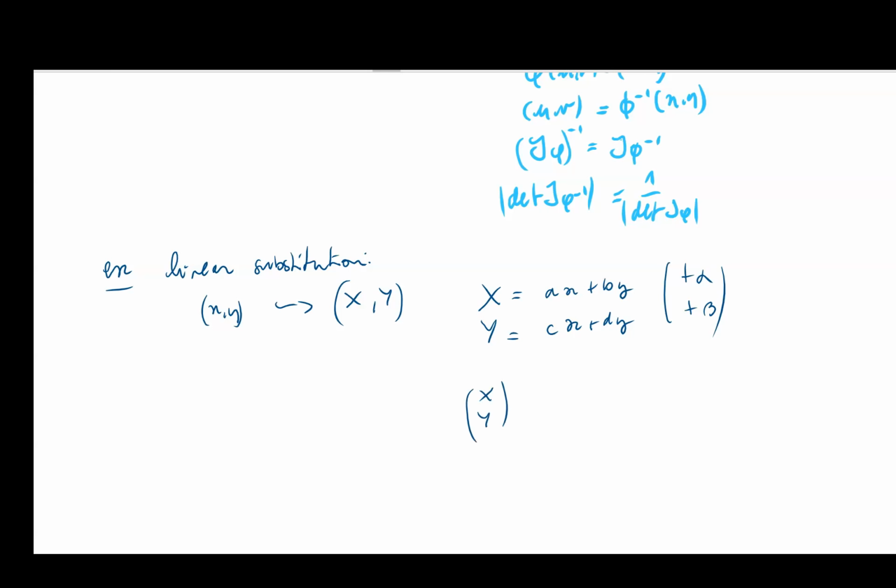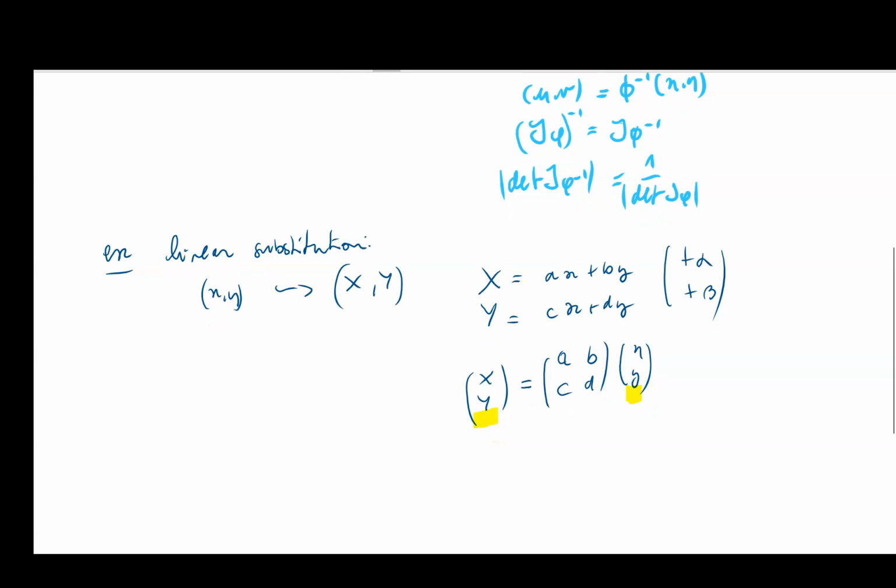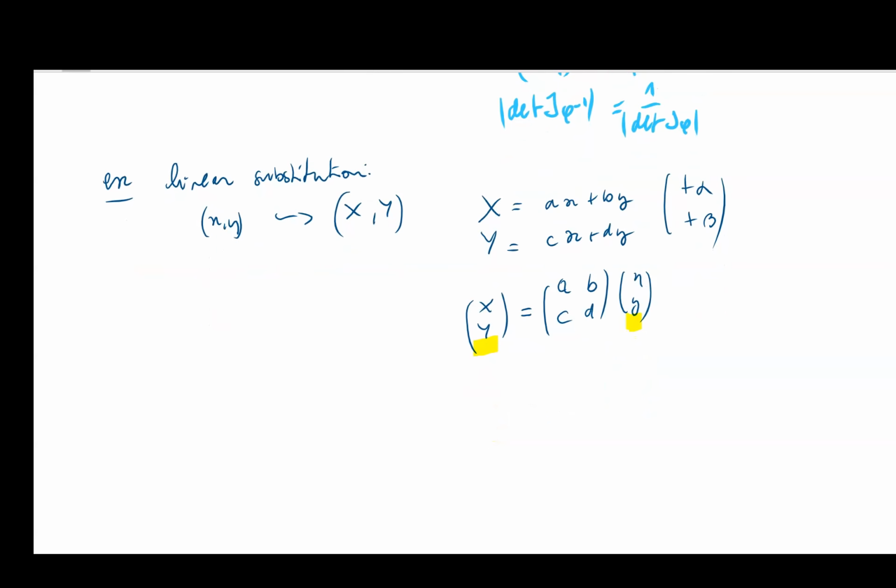So how should we work that? That's a linear substitution, so you can remark that you can write this as the matrix a b c d times the vector x, y. This is going to be a valid substitution if you can go from old variables, small x, y, to new variables, big X, Y, and back again. What ensures that you will be able to get back again?